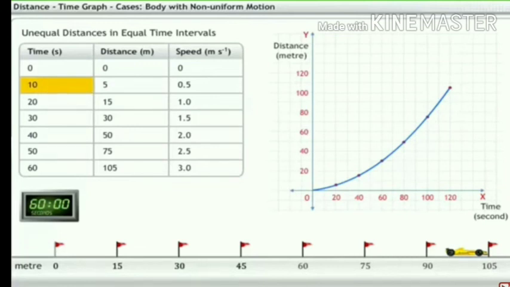It has a curved line. Here you will see in 10 seconds, distance is 5 meter, speed is 0.5. In 20 seconds, it covers 15 meter distance and speed is 1 meter per second. In 30 seconds, it goes 13 meter and its speed is 1.5 meter per second.